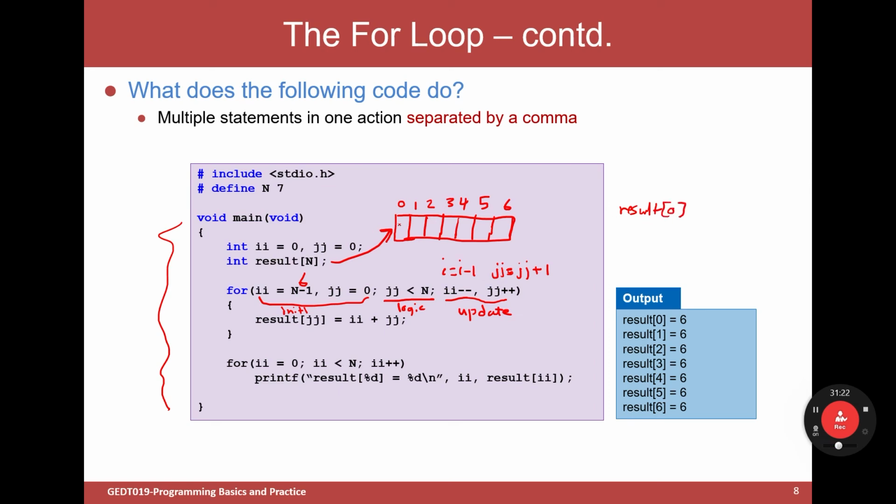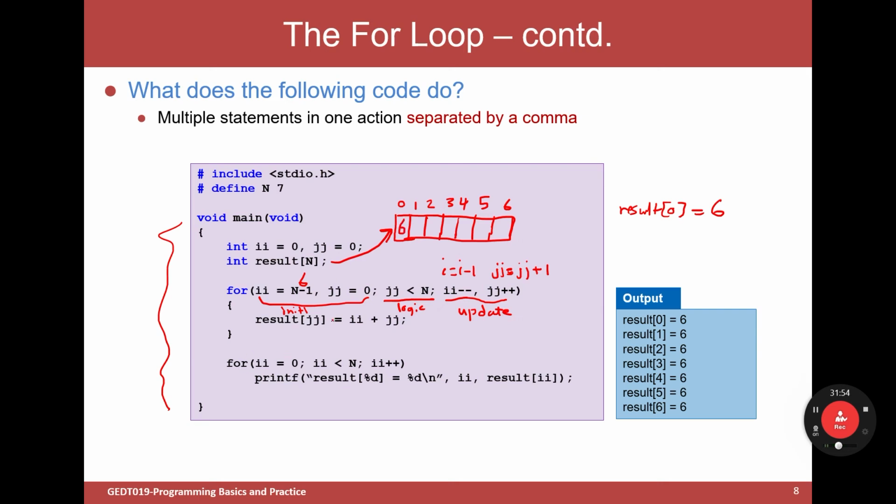That element number 0, I want it to equal ii plus jj. So ii is equal now to how much? 6. Look here, ii is equal to 6. Maybe you say, oh, ii is equal to 0. No, but now I changed it, it equals 6. It was 0, but in the loop it became 6. So it will be 6 plus 0, which is 6. So now this guy contains the value 6.